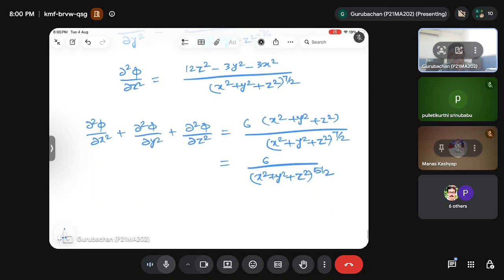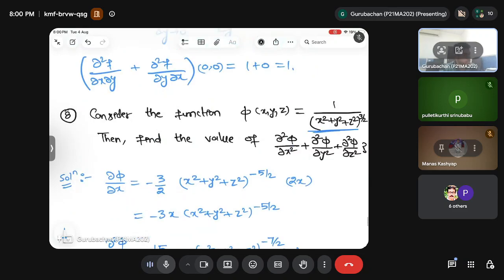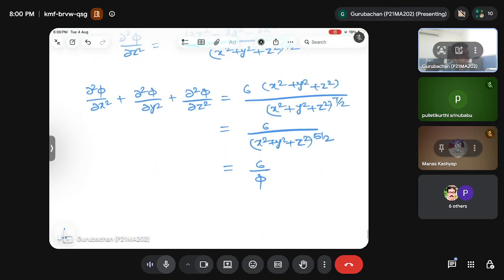What is the value of the phi? 6 by 5. It was 3 by 2. Now you are getting 5 by 2. So what should be the case? Is it correct?